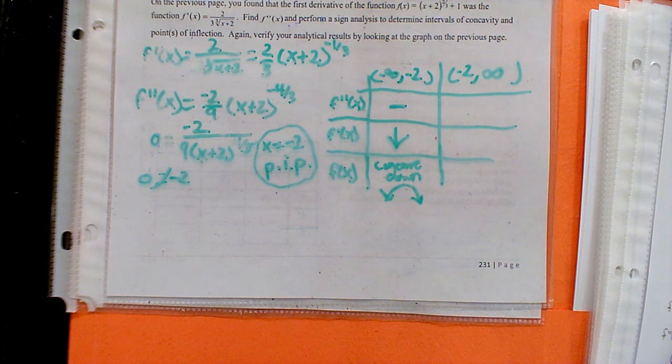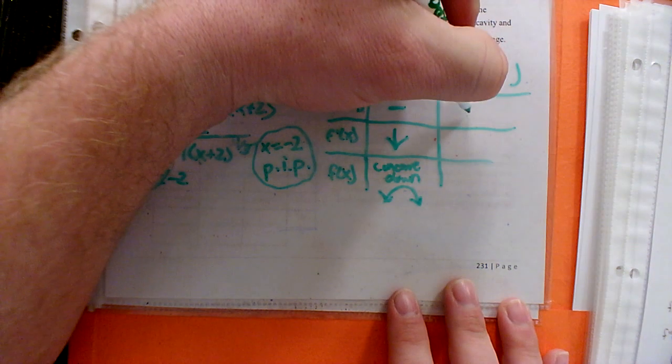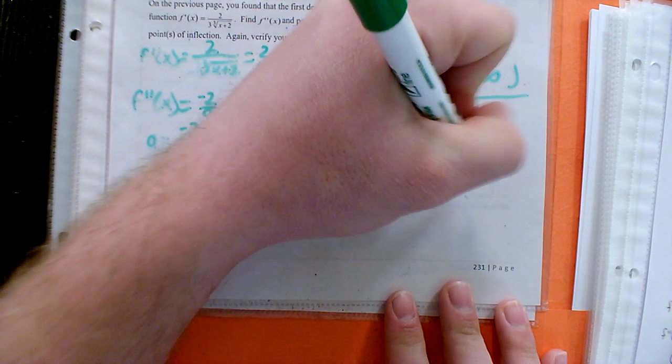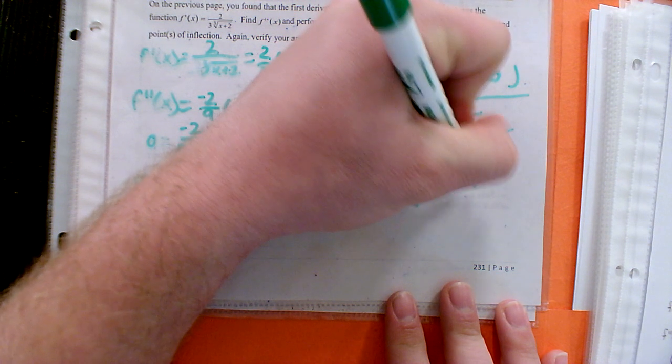Anybody find an answer? Is it positive or negative? Negative. You get another negative answer. So once again, we know that's negative, so the first derivative has to be decreasing, and f of x has to be concave down.